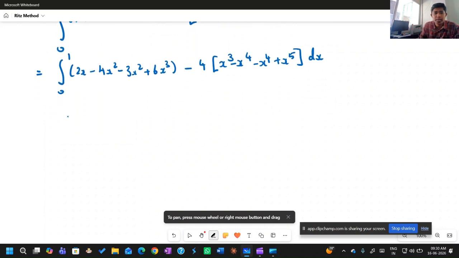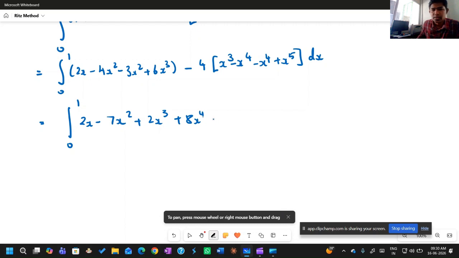Okay, and if I expand this much further, I should be getting 0 to 1, 2x minus 7x square plus 2x cube plus 8x power 4 minus 4x power 5 dx.